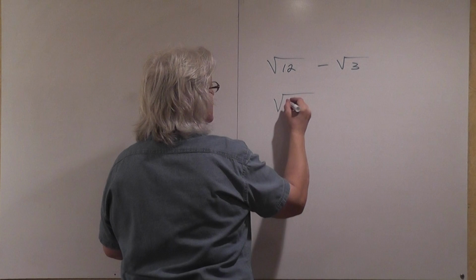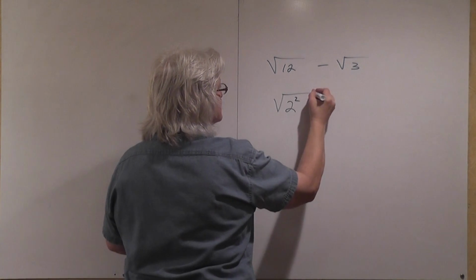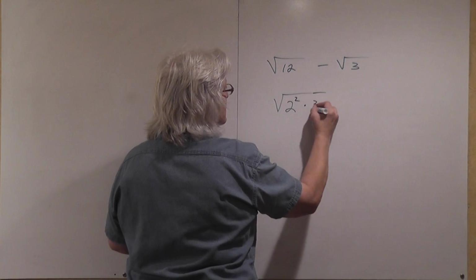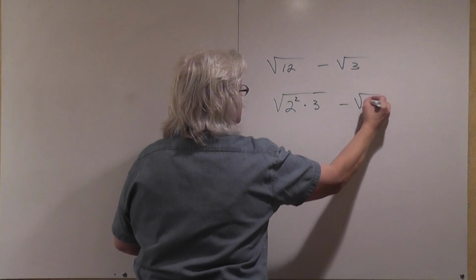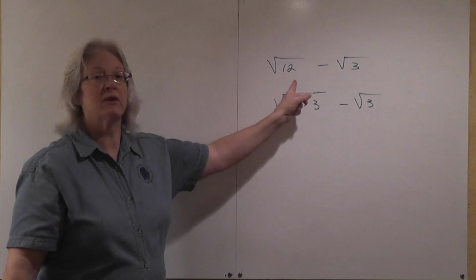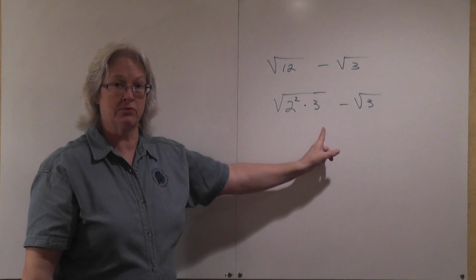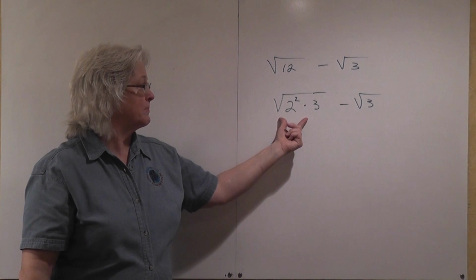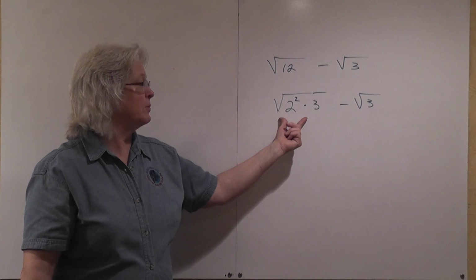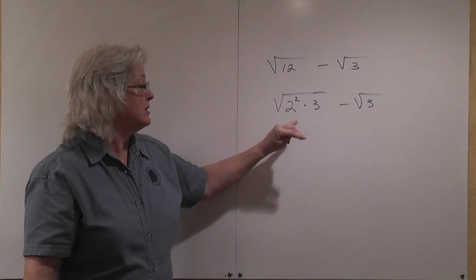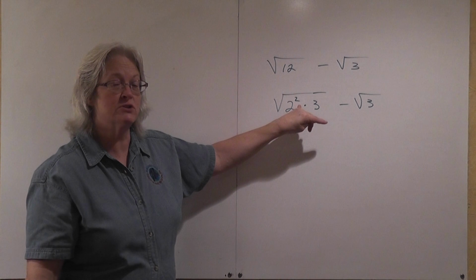Here, instead of writing this 4 times 3, we can factor 12 so that we have 2 squared times 3. When we use the exponential notation here, that allows us to use the trick.